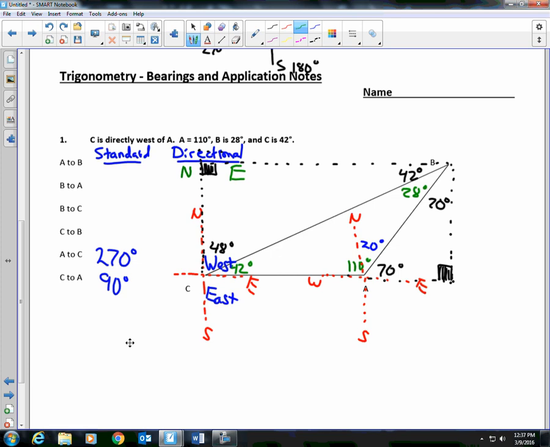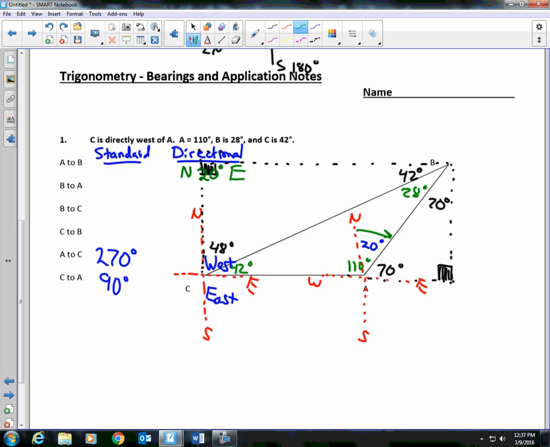Every time that you put a directional travel bearing, you must put north first or south first, and then you must put east second or west second. That's how it's read. The question is, how many degrees east do you turn from north for your travel? You turn 20 degrees to the east.